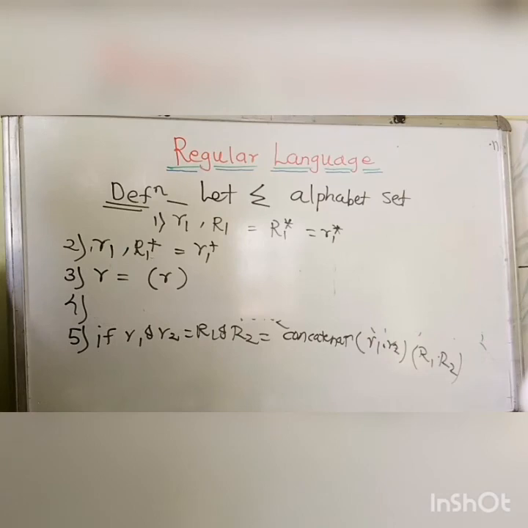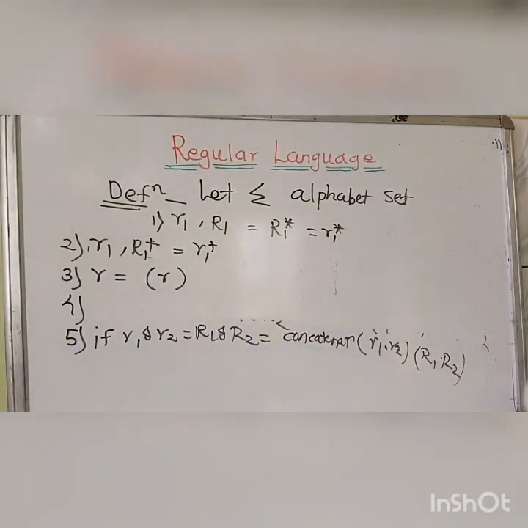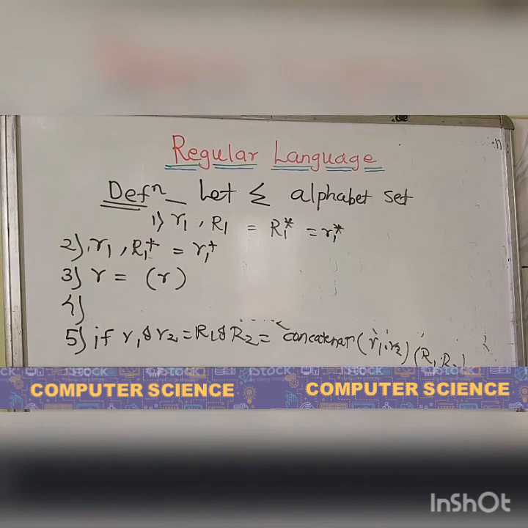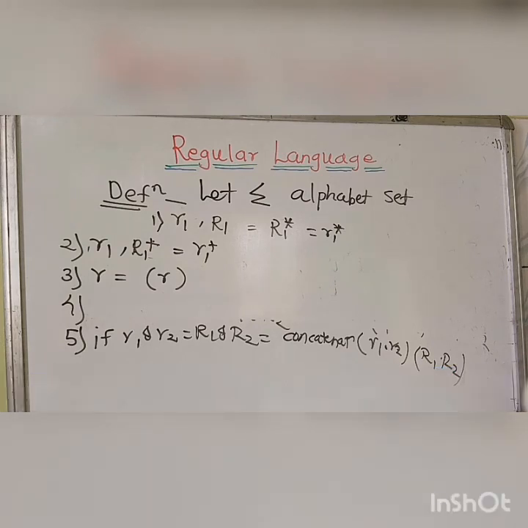So these are some basic rules for identifying which regular expressions are regular, which we call regular languages having regular expressions, and which are not. So these are the basic criteria behind the regular language and its rules.